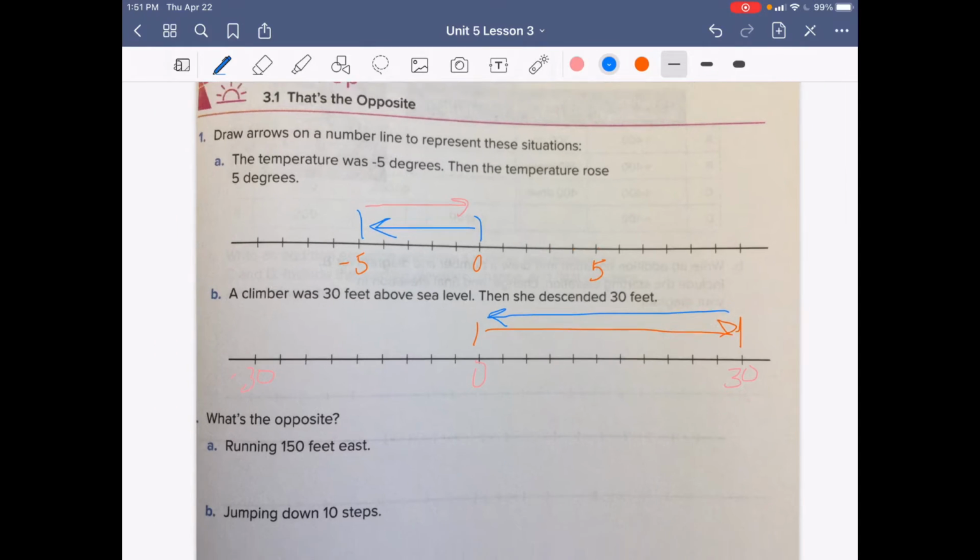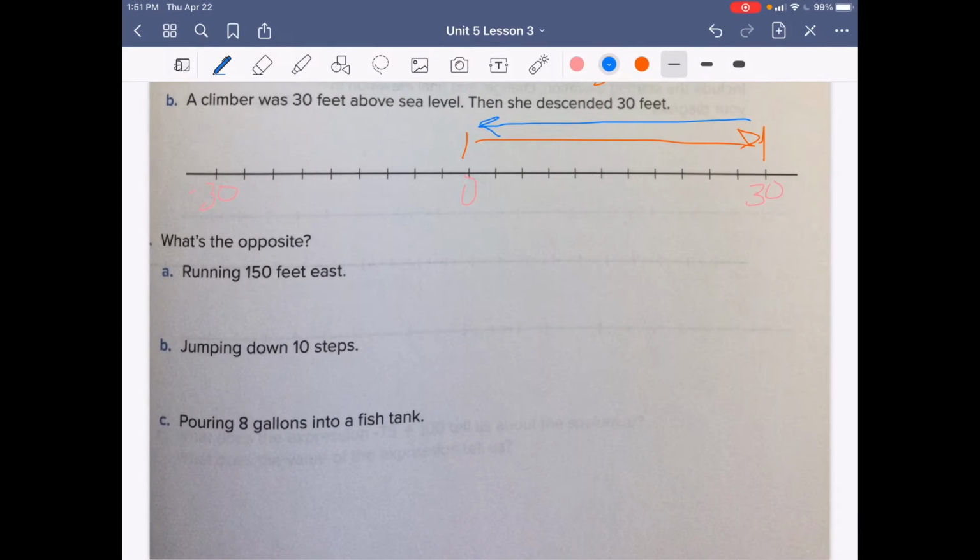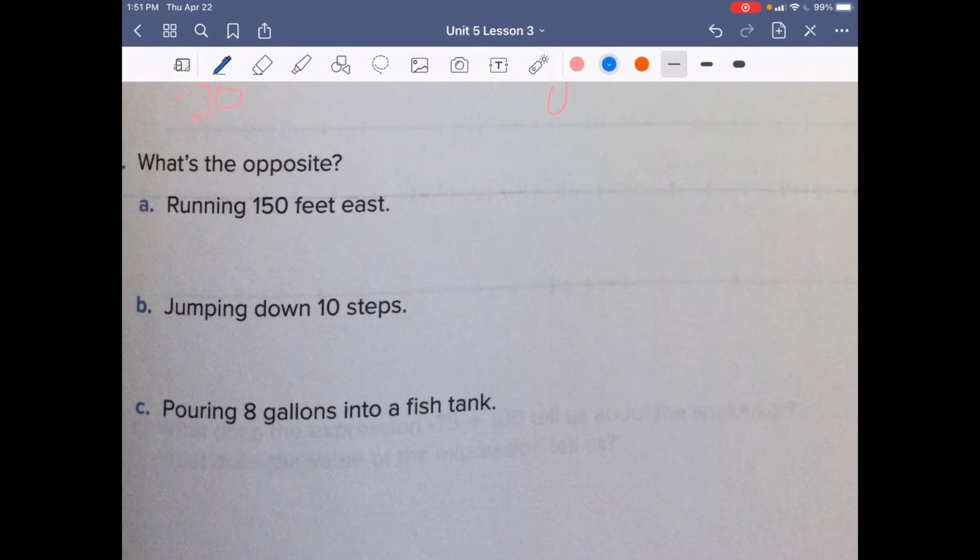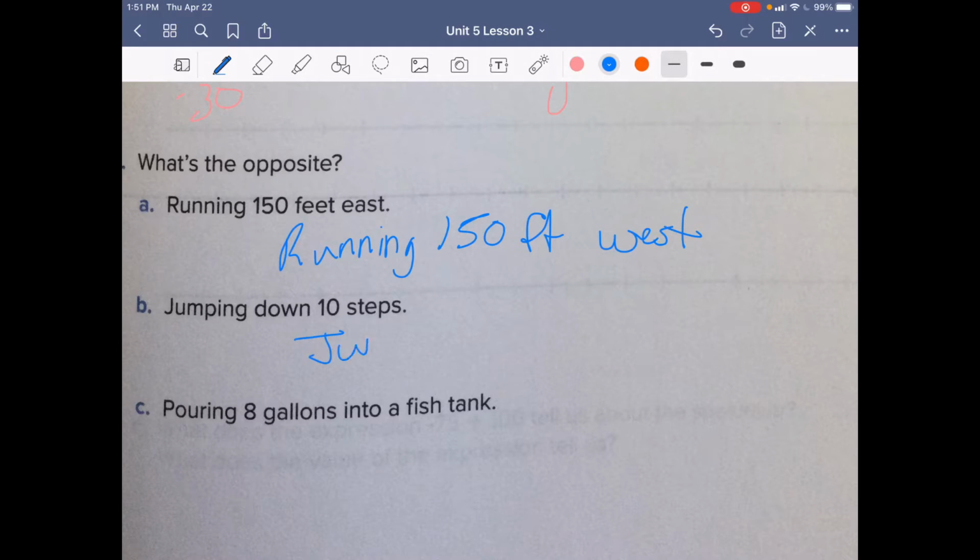All right, what's the opposite? Running 150 feet east would be running 150 feet west. The opposite of jumping down 10 steps would be jumping up 10 steps.